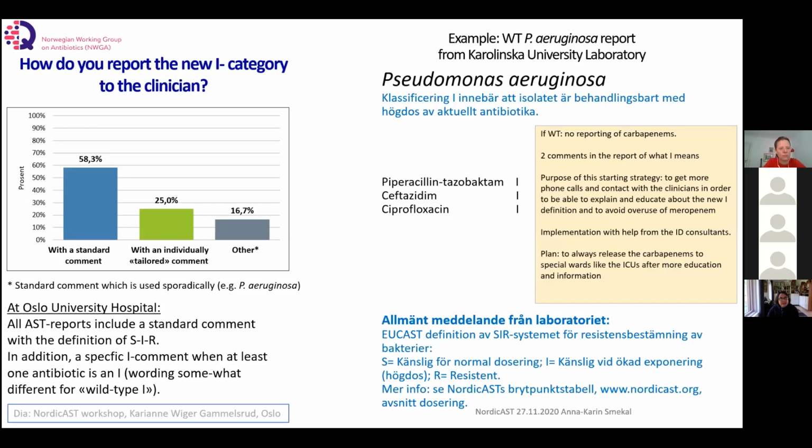And as you can see, the majority has a standard comment. There is a quarter that have individually tailored comments, and there are other options also which have been reported. For instance, here they say that standard comments are used sporadically, for instance, for Pseudomonas aeruginosa.